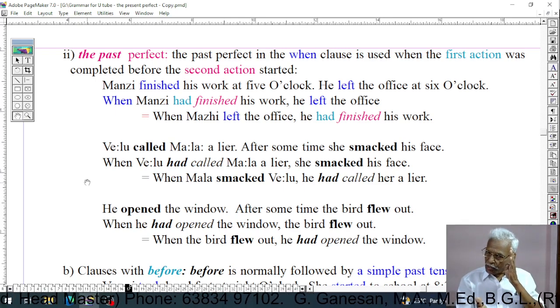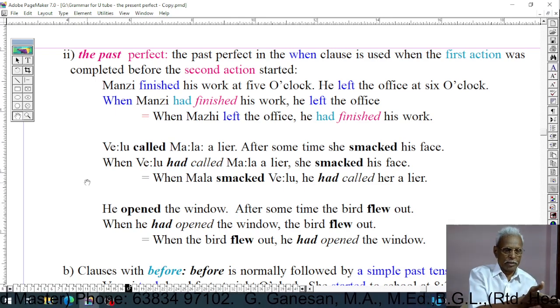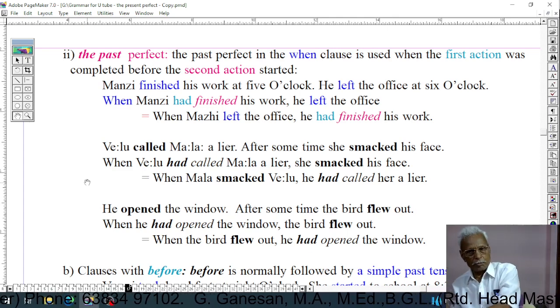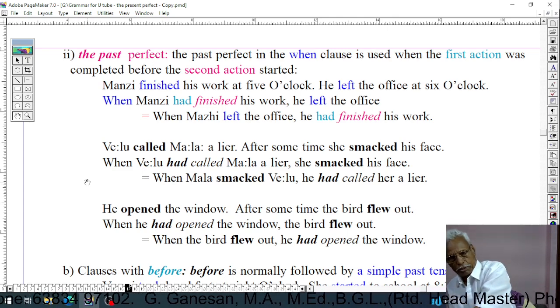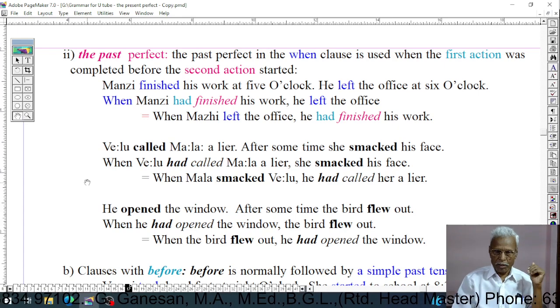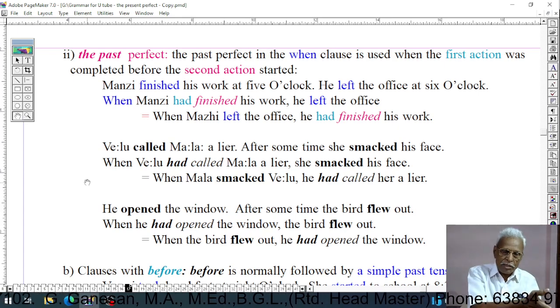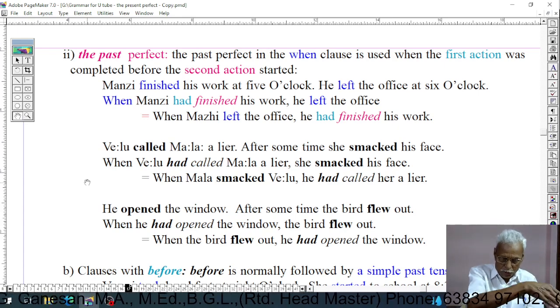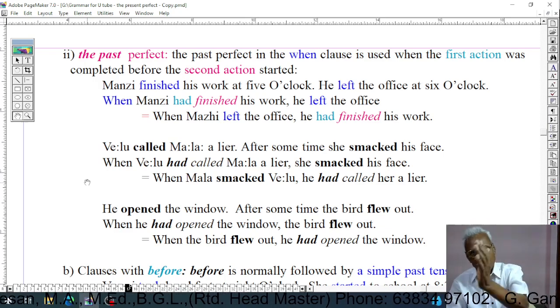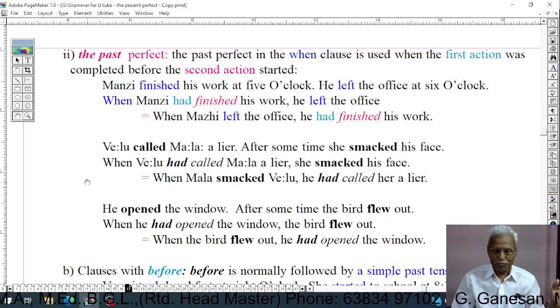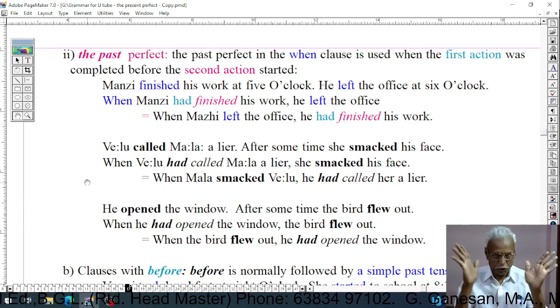either the first action can be used in the when clause and the second action in the main clause, or the second action can be expressed using the when clause and the first action in the main clause. In both ways we can do it.